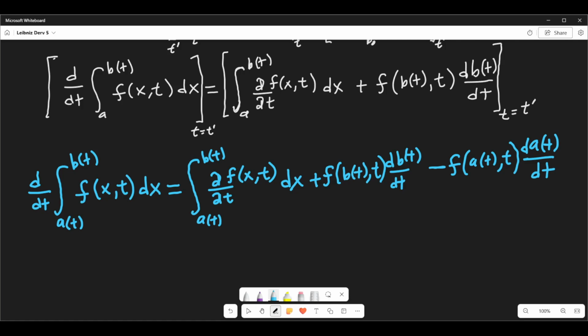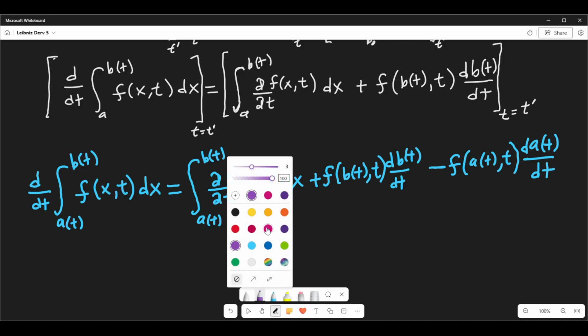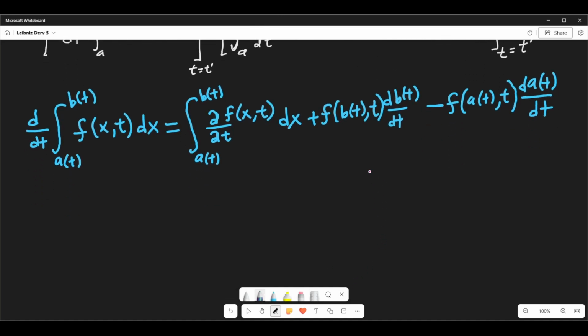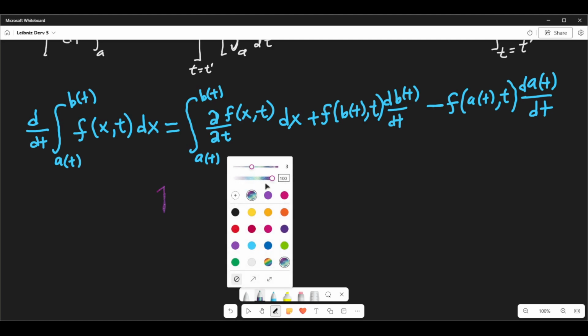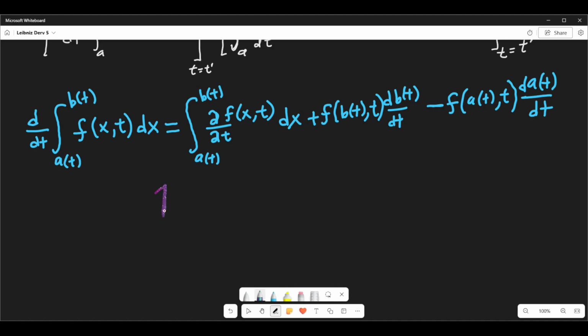So this is basically the 1D Leibniz equation. Let's make that thicker. So this is the 1D Leibniz Rule.